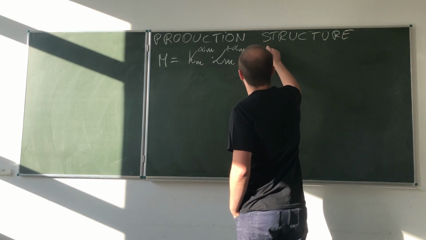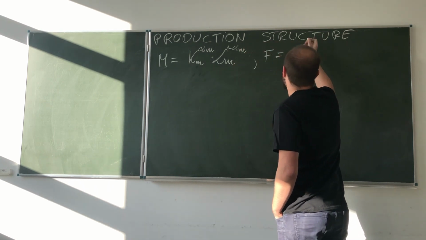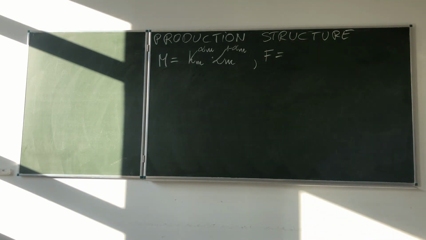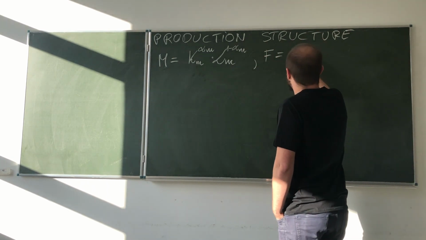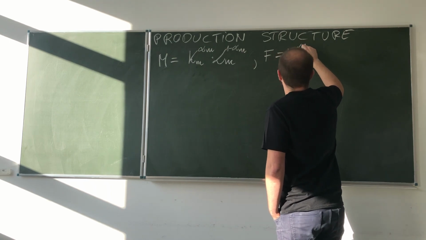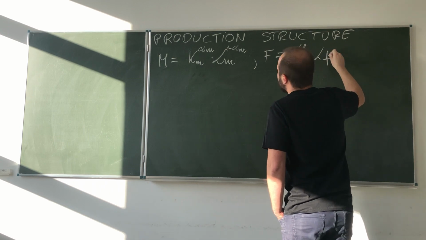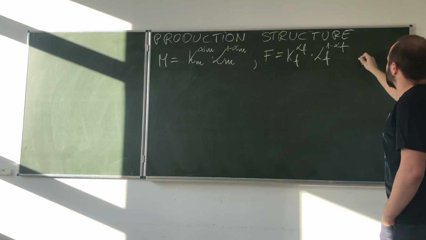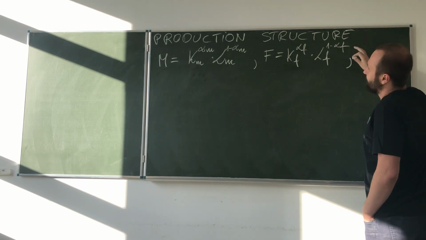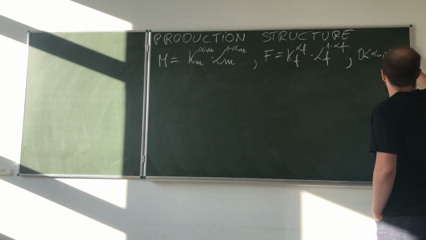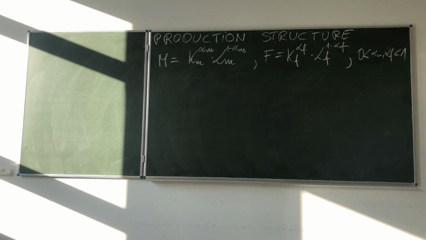Okay, and production of food is also given by Cobb-Douglas production function. We'll just index it with f instead of m. And of course, in both cases, alpha m and alpha f must be between 0 and 1.